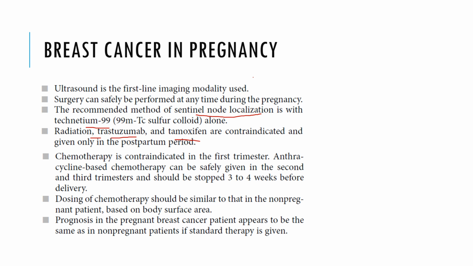Tamoxifen, again for ER/PR positive, is started only after delivery. Chemotherapy is contraindicated in the first trimester. Anthracycline based can be safely given in the second and third trimester but should be stopped 3 to 4 weeks before delivery. Dosing should be similar to that in non-pregnant patients, based on body surface area. Prognosis in breast cancer appears to be the same as in non-pregnant patients if standard therapy is given.